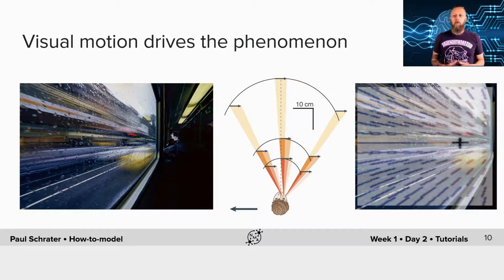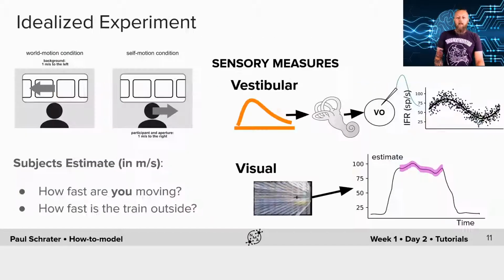And visual motion typically is sensed by the flow of information on your retina. Now, there's another important aspect, which is the sense of self motion, right? One important thing is that regardless of whether the train next to you is moving or your train is moving, the visual motion appears exactly the same. So how do you disambiguate?